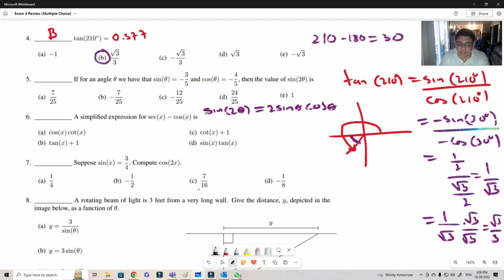And because I already have the values of sine and cosine, I just need to replace them. This is 2 times minus 3 over 5 for sine, and cosine is minus 4 over 5. And so here, 3 times 4 is 12, times 2 is 24, over 25. So this will be D.